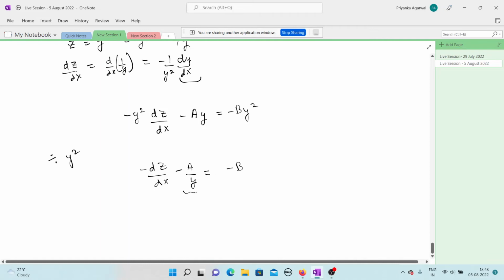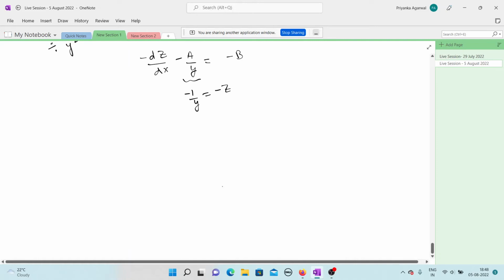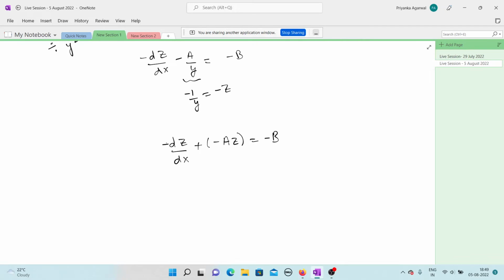Now you see here this term 1 by y is z, so it can be written as minus az. So the equation will become minus dz over dx minus az equals minus b. Let's cancel the minus from all the parts.